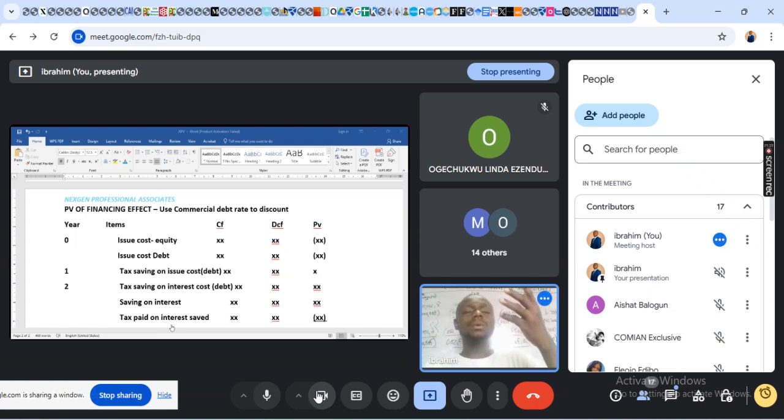You buy one of the bank shares. When you buy one of the bank shares, in the process, there is what we call transaction cost. Now, there are some guys that are called brokers, right?